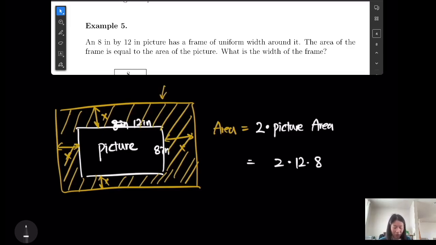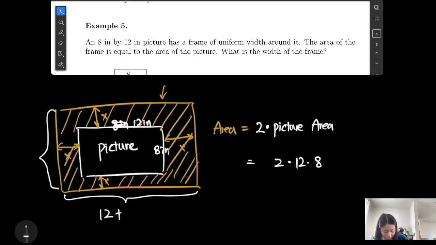So what's the area of the yellow rectangle? The first thing is we need to know the width and the length. So the length is going to be 12 plus 2x, because on the left and on the side, you add in the width surrounding the picture. So it's 2x. Similarly for the width, you add in the similar width, which is x inches on the top and on the bottom.